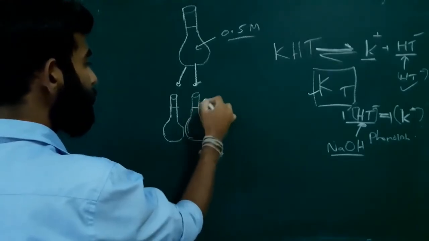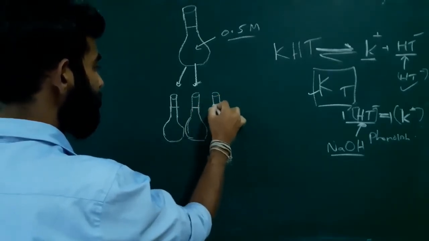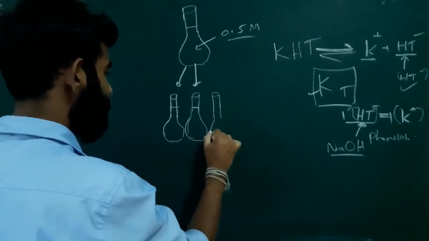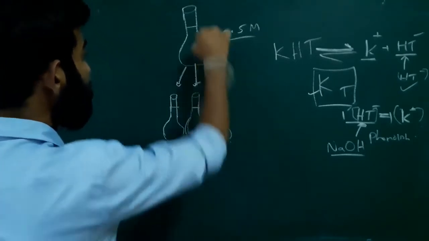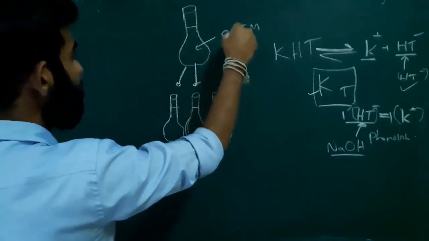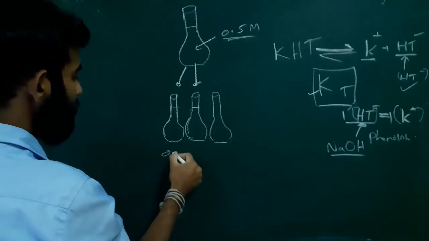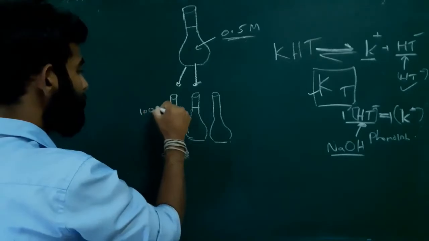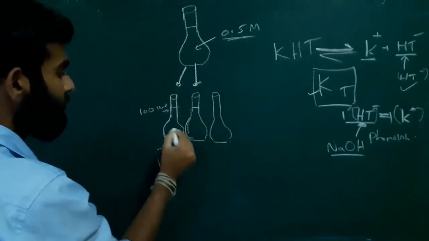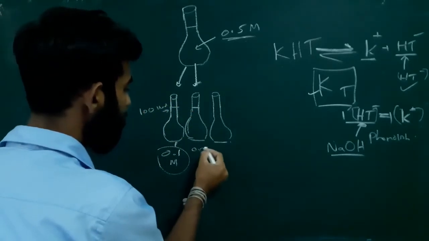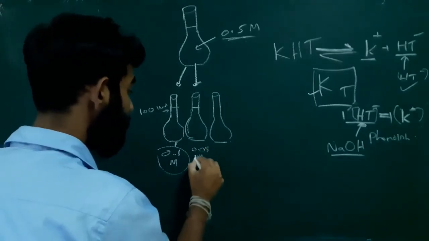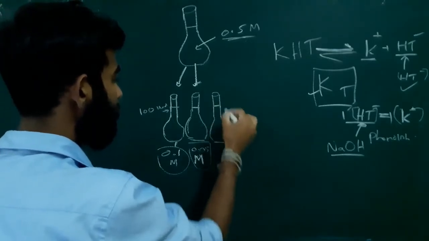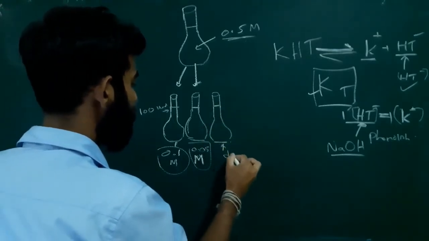We have to use a volumetric flask to prepare these solutions. By using this stock solution, we have to prepare 100 ml of 0.1 M sodium sulfate solution and 0.05 M solution, and also one without the analyte, that means only distilled water.